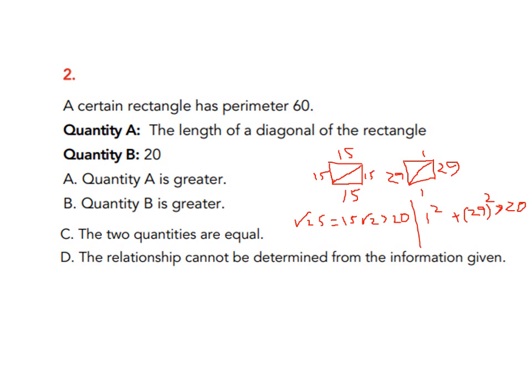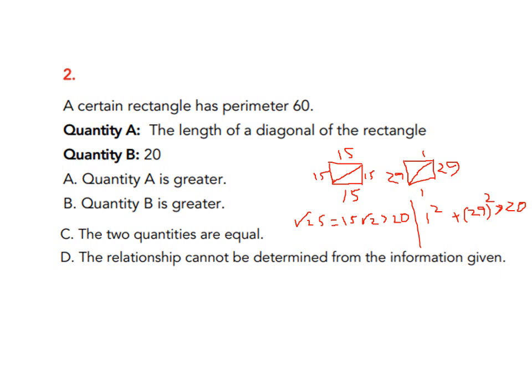In the first example, we'll take that all of the sides are equal to 15. So 4 into 15 equal to 60, and the formula to find out the diagonal is root 2 s. So s is the length, so 15 into root 2, that will be greater than 20.